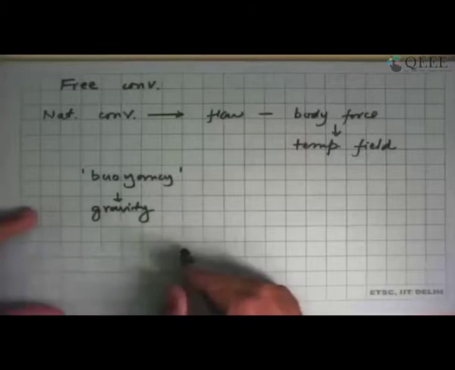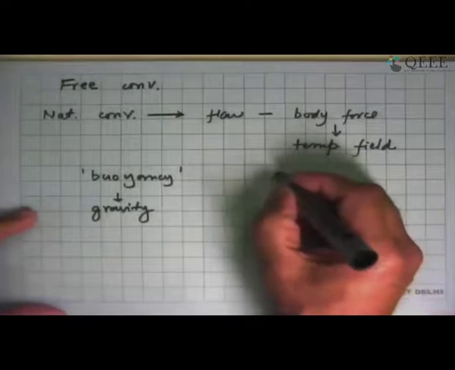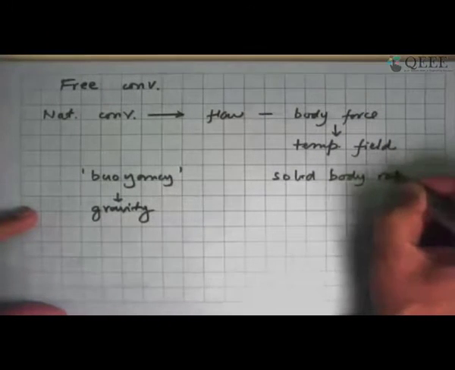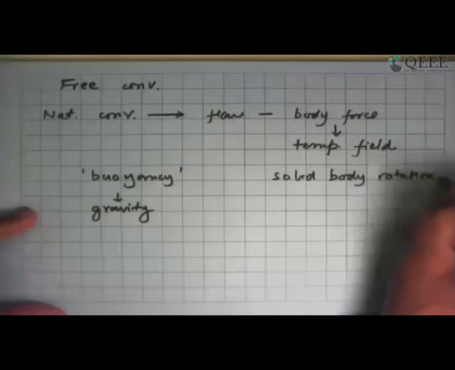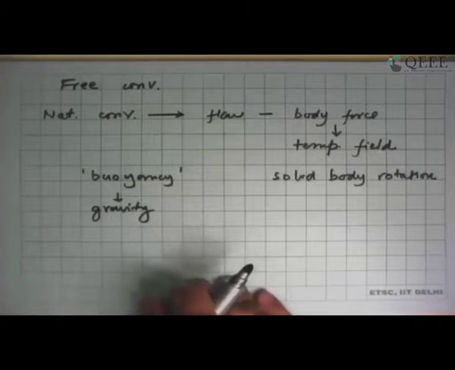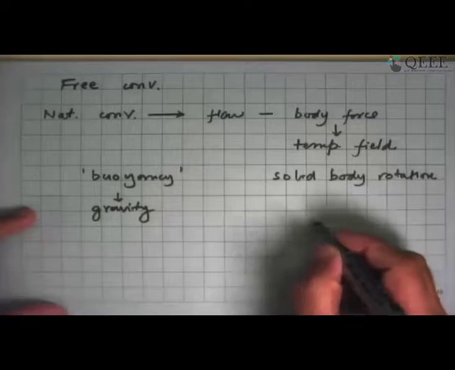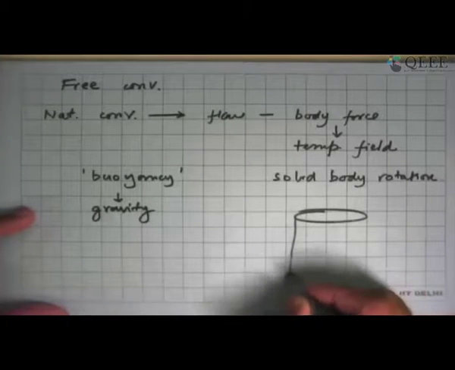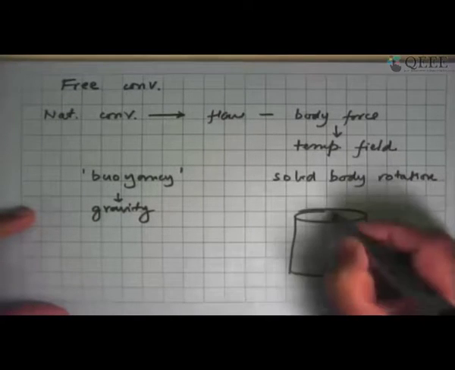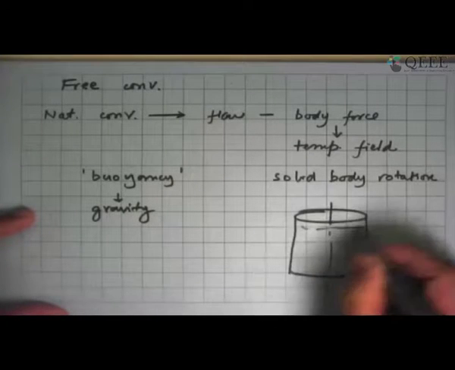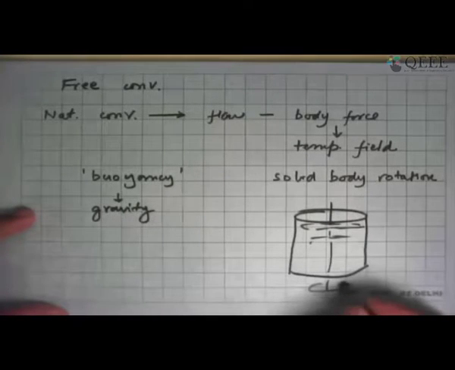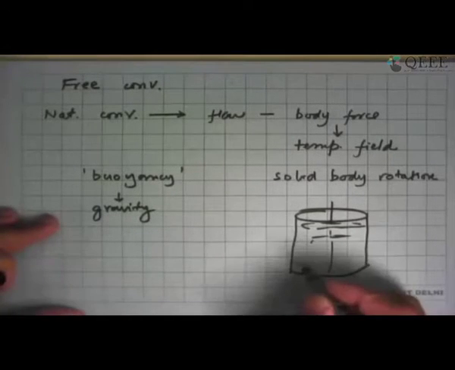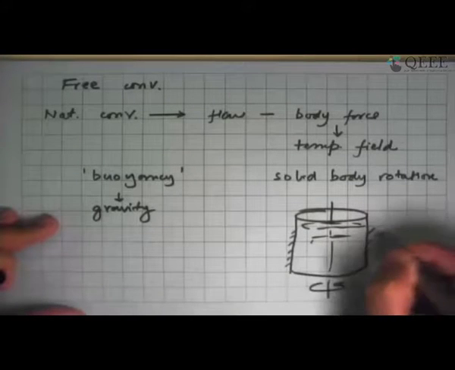The other way that body forces can be generated is, for example, a fluid which is in solid body rotation. So the idea is, say, for example, you have a cylinder which has some liquid in it, and we are rotating this, and at the same time, say, the walls of this cylinder are heated.